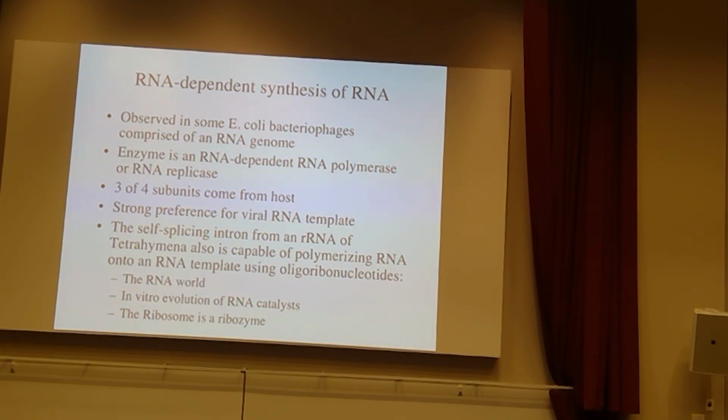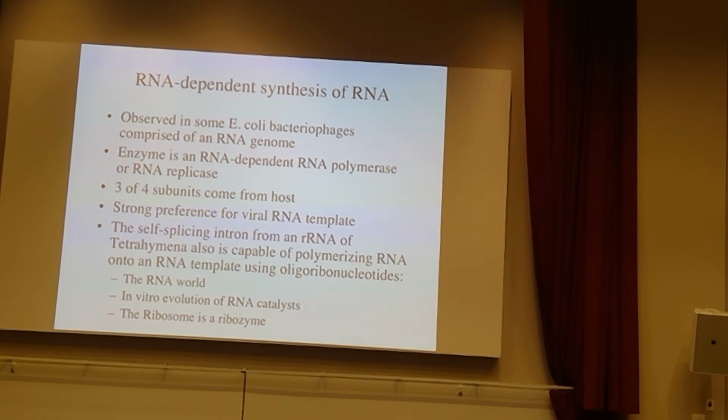That polymerase then has a strong preference for replicating the viral RNA, right? So if the virus just made an RNA-dependent RNA polymerase and it was indiscriminate, that machinery would end up making a whole bunch of copies of all the other RNAs that were present in the cell. Instead, it has a strong preference for replicating the viral RNA template.